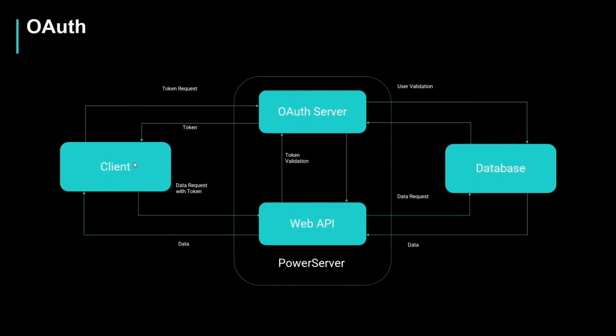You take that token and apply it to, there's actually an application setting you can enable that then just uses that token on all subsequent HTTP requests. So the data request is then sent with that token. The Web API gets that token, validates it against the OAuth server. And if it gets a validation, it says, okay, I'll go get the data, and then returns the data to the client. So that's the flow.